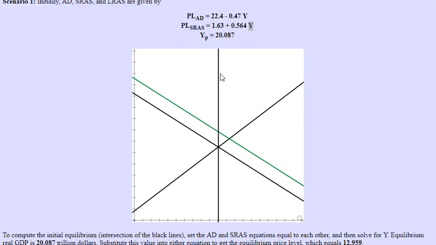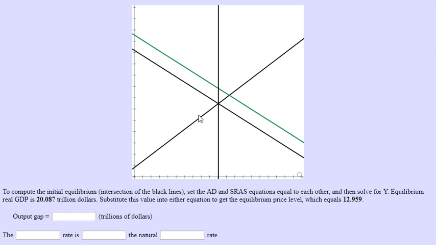Okay, now I've cleared our graph, and we're going to continue working in scenario 1 here, where we're at this initial equilibrium point. We want to calculate the output gap. Well, the output gap is 0. Why is that?